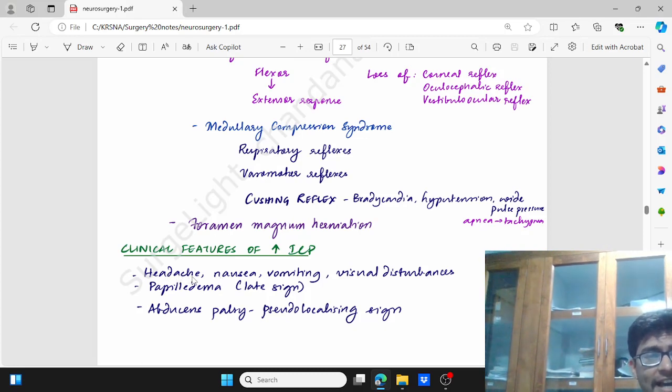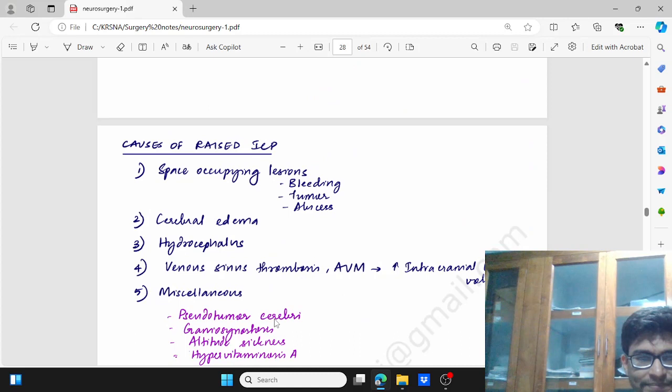Coughing generally causes the high pressure headache, and standing worsens the low pressure headache, especially after spinal puncture. Then papilledema, which is a late sign. Abducens palsy, which is a false localizing sign.